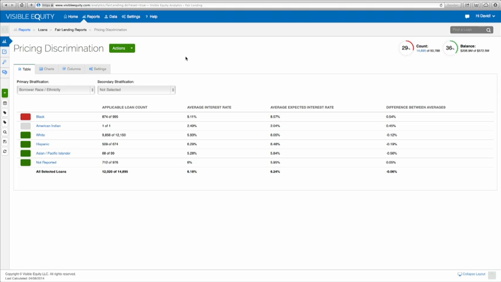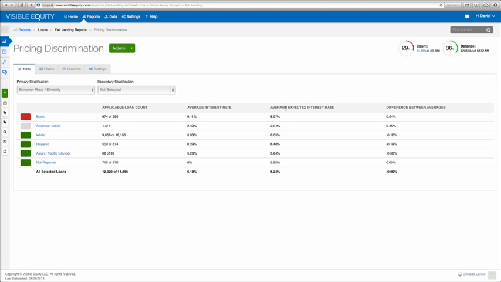So in this particular case, looking at the screen, you see the column that says average interest rate. That average interest rate may lead you to believe that there is disparate impact occurring. For example, the top column has a 9.11% average interest rate, whereas the third column has a 5.9-something percent interest rate. And that may lead you to think that there's some sort of problem, but this is actually an issue with a fair lending exam.